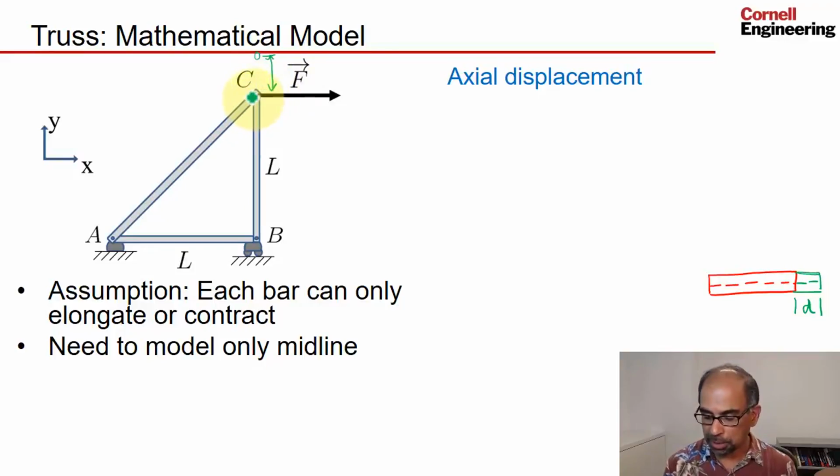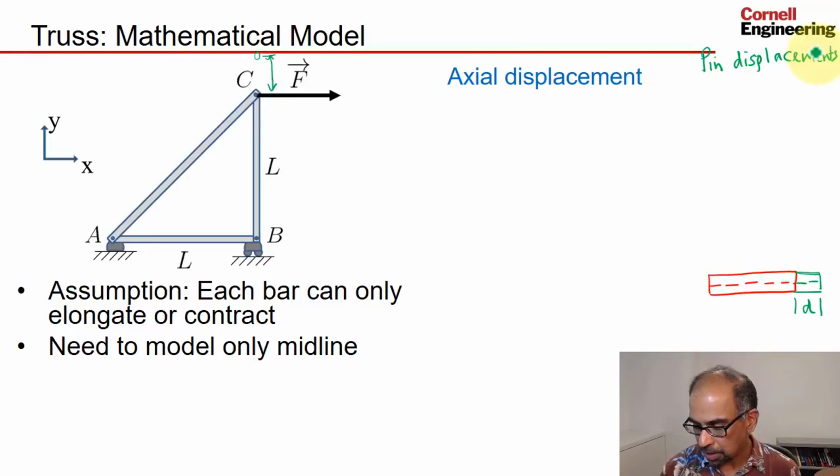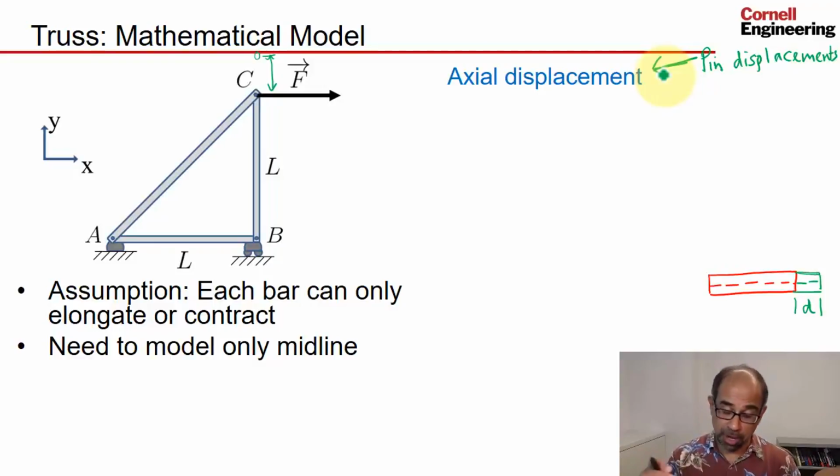It's a little bit more complicated. But the essential idea is that once I know each pin displacement in the X and Y direction, I can figure out what the axial displacement is of each bar.